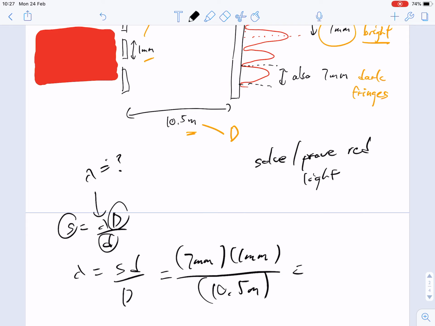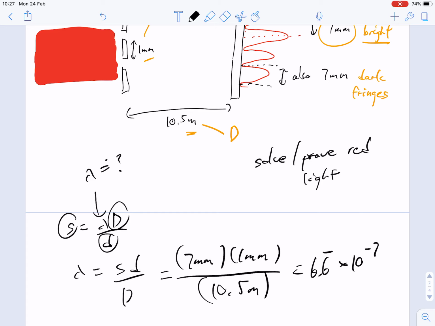We have 7 millimeters, 0.007 meters, essentially, times 1 millimeter, again, 0.001 meter. And then we're going to divide that by 10.5. And that's going to give me about 6.67 repeating times 10 to the power of -7.